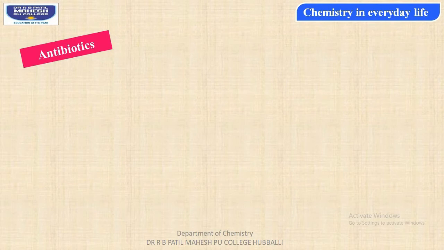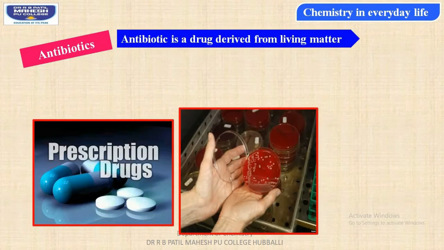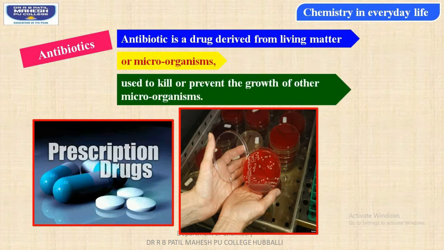Antibiotic is a drug which is derived from living matter, or even, students, from microorganisms, and these antibiotics are used to kill or even prevent the growth of microorganisms. So various drugs which would be prescribed by the doctors for killing the bacteria, microorganisms come under the heading of antibiotics.